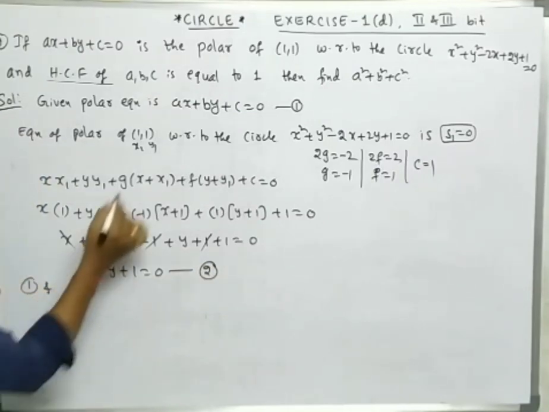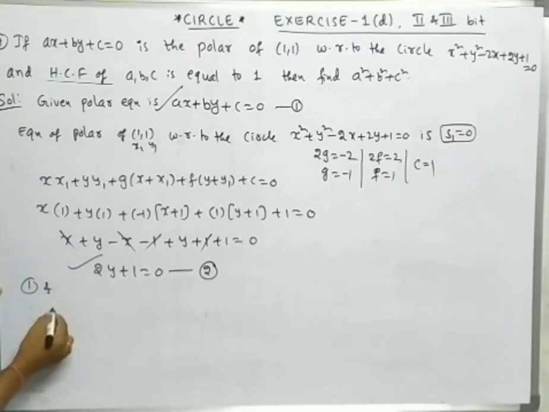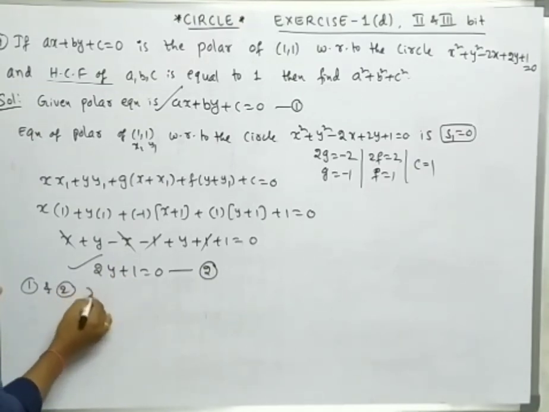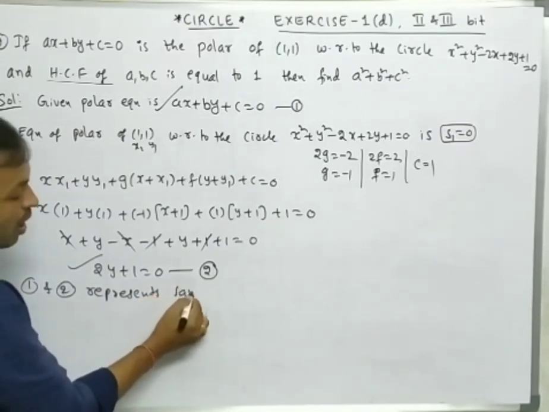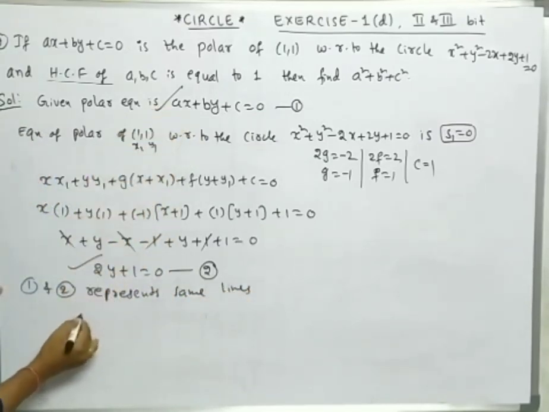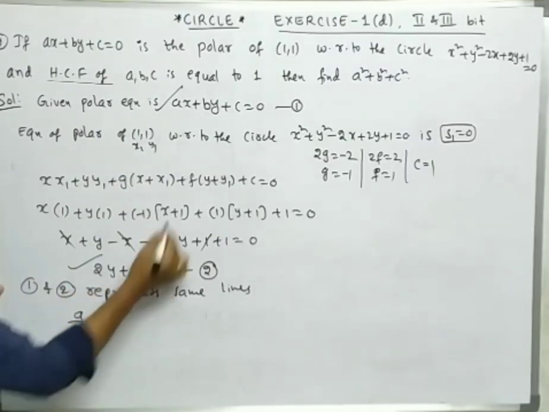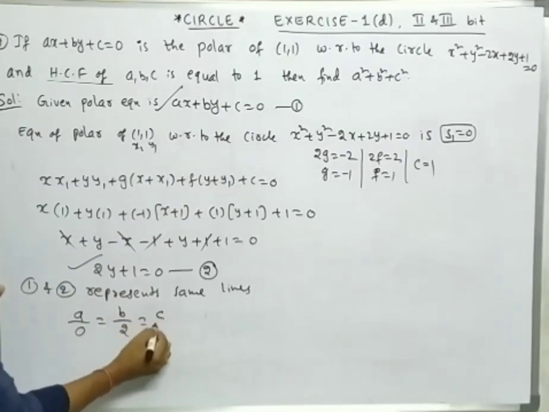So 1 is the polar equation, the second one is also a polar equation. 1 and 2 represent the same line. As these represent the same line, their coefficients are in the same ratio. That means a by 0, here we don't have an x term, b by 2 and c by 1.